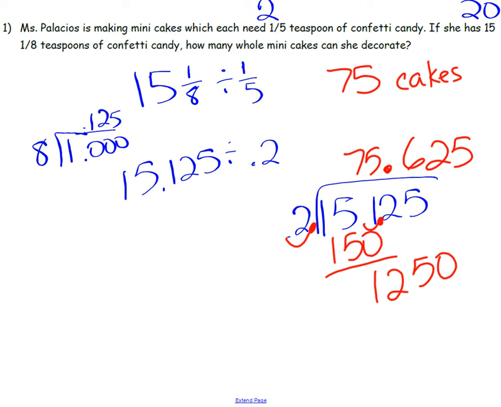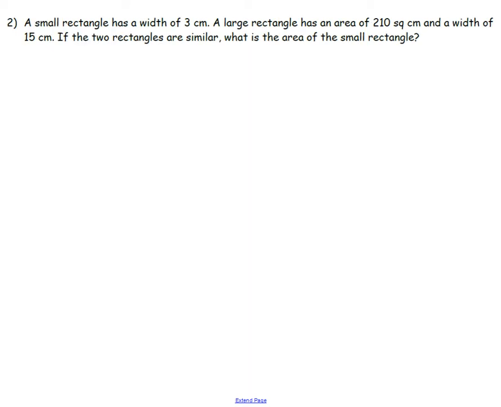You can't paint a room if you needed 75.6 gallons and only bought 75 gallons, right? You would have to round up. So the answer is 75. Rounding works a little bit differently depending on if it's an actual example. Yes, common sense is a big part of that. So she decorated 75 mini cakes? Yes.